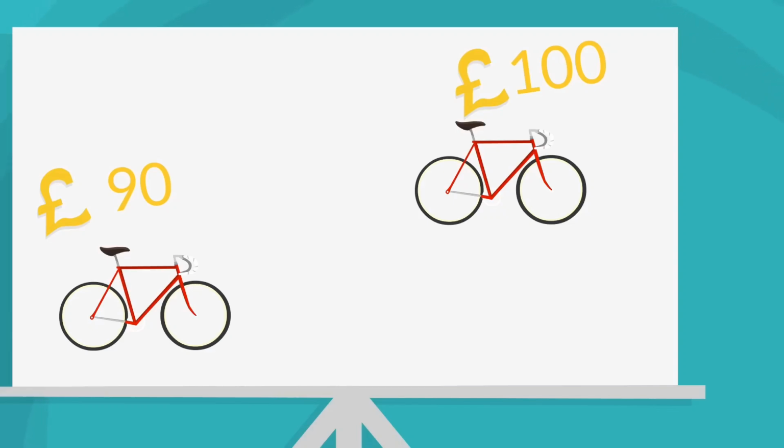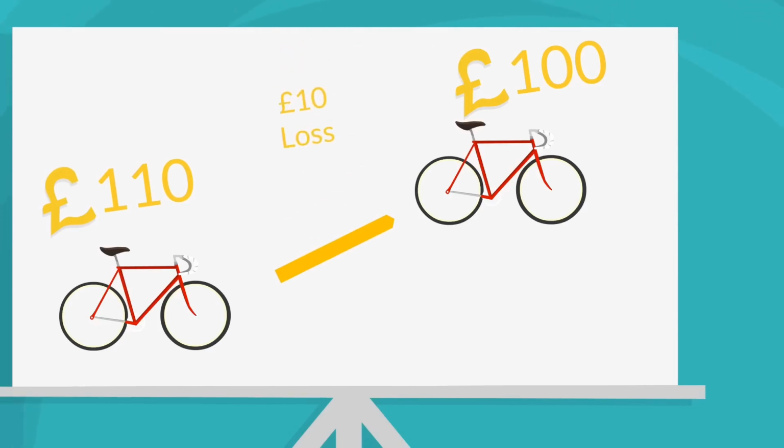Now, if the price of bikes does drop to say £90, you can still sell it for the agreed price of £100 and make a £10 profit. However, if the price of bikes increases to say £110, you have agreed to sell it for £100. That means you will make a £10 loss on the trade.